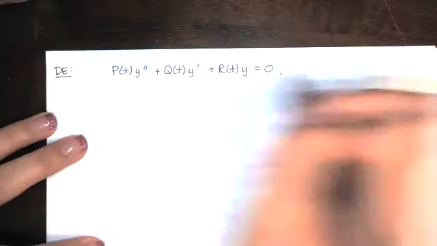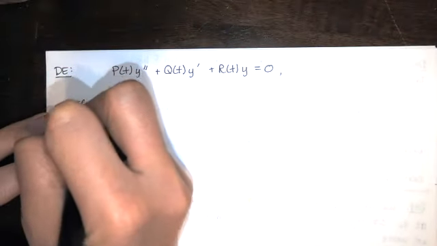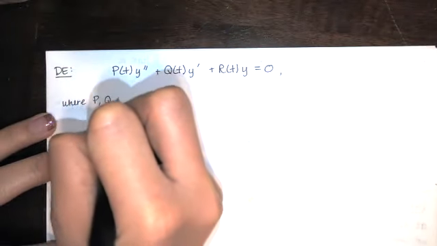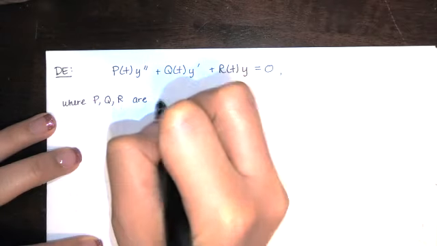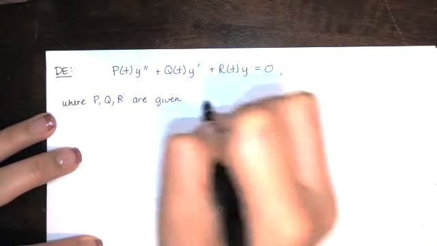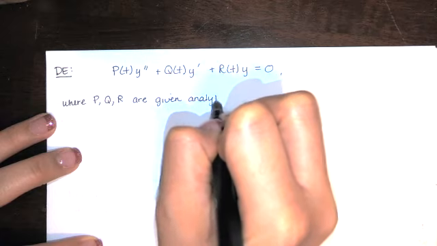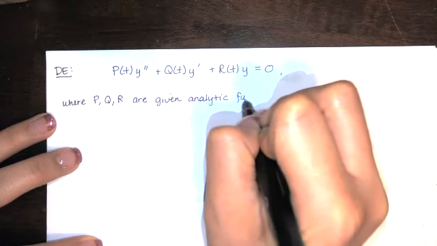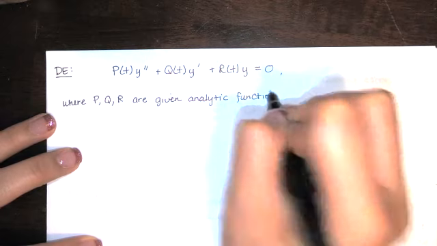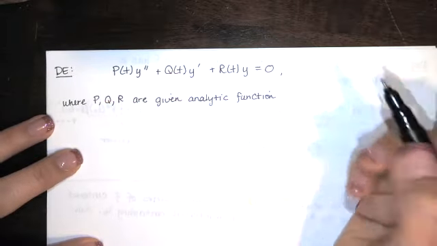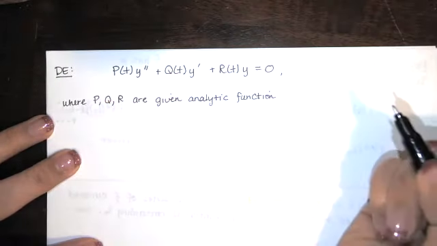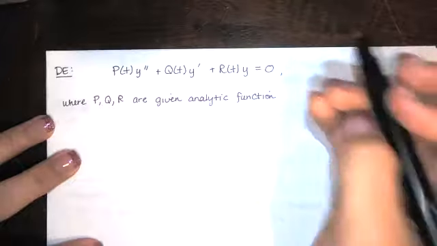So it's a second order linear differential equation with variable coefficients. And we're assuming that P, Q, and R are given analytic functions. We say they're analytic, that just means that they can be expressed as Taylor series or power series. There are series that converge to these functions.